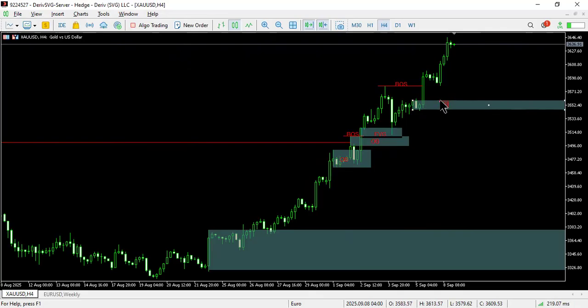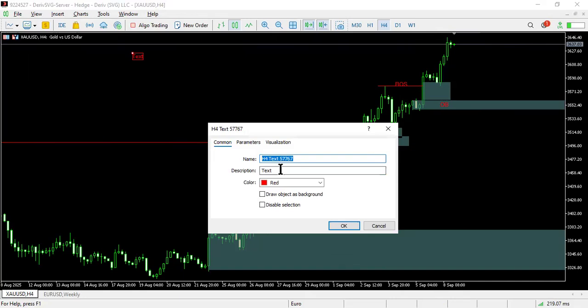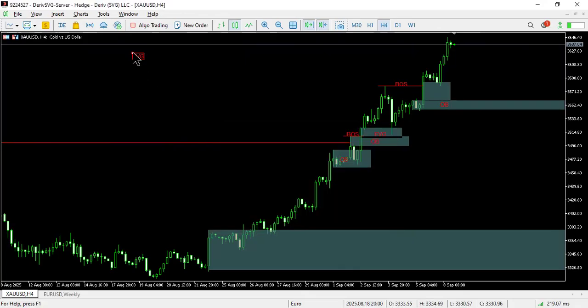However, price did not react from the order block. Instead, it reacted off the fair value gap. So gold, most of the time, likes to react at the FVG. So that is what we have.